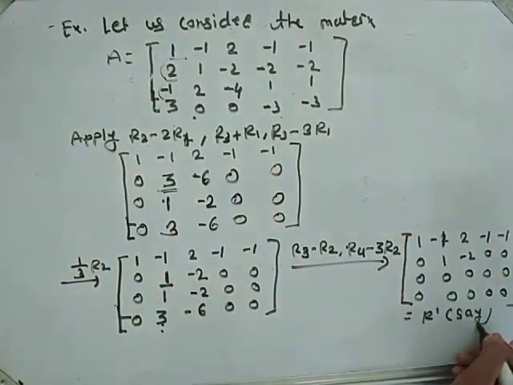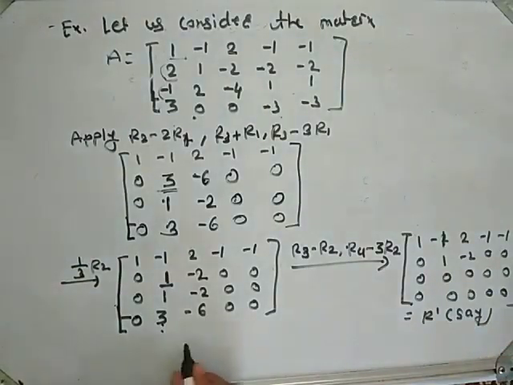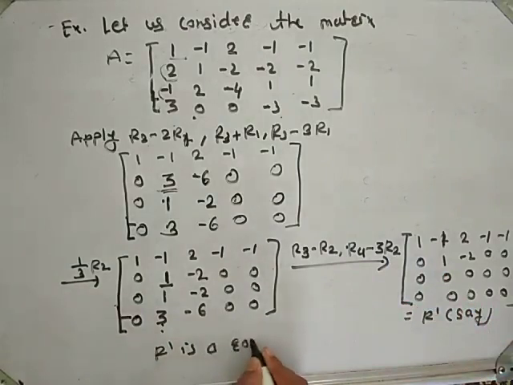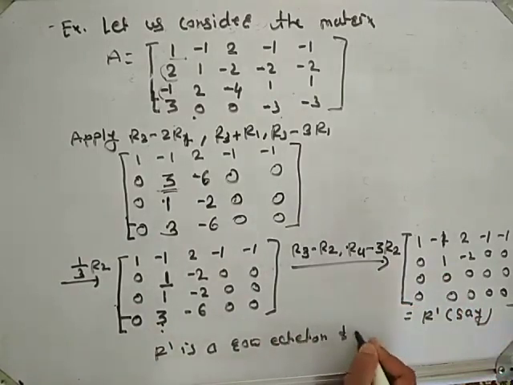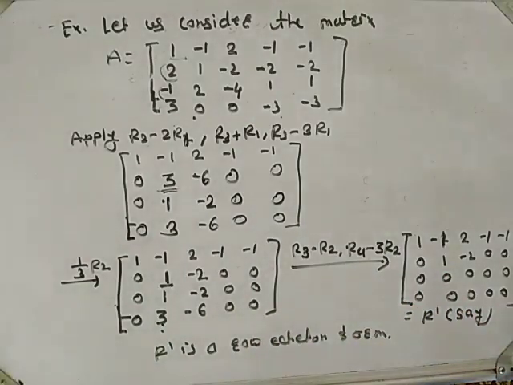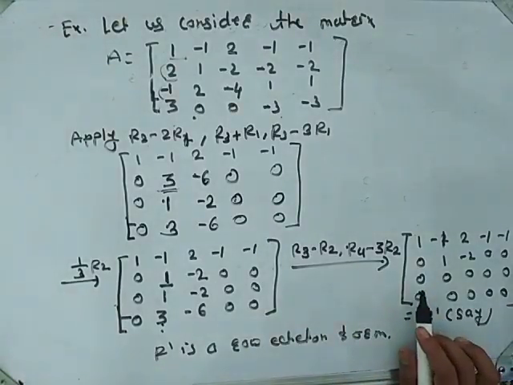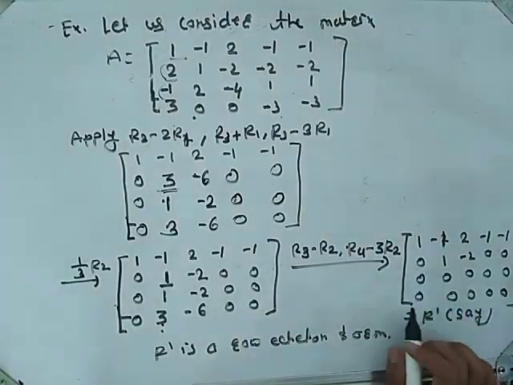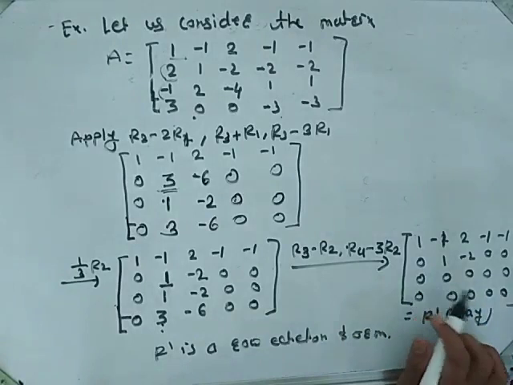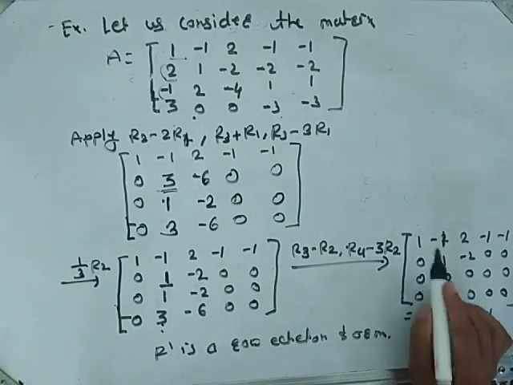See, R dash, this is a row echelon form. R dash is a row echelon form. Okay. Zero rows in this matrix are grouped together at the bottom.